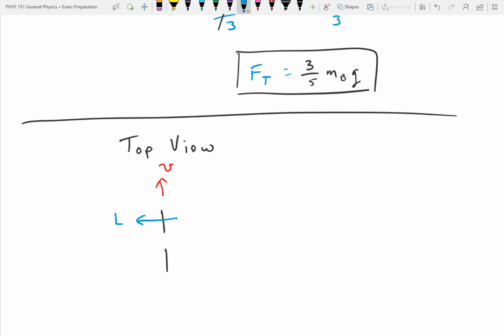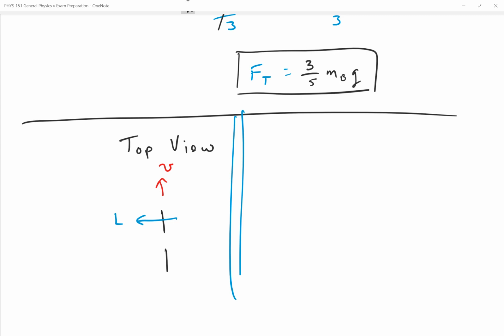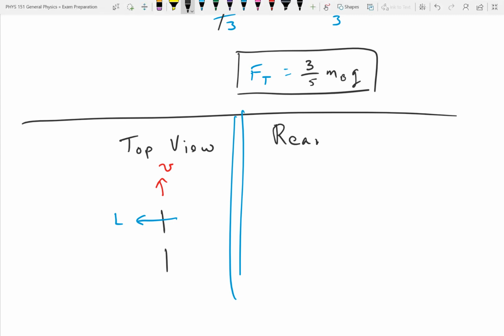So that's what we see from the top. Now, if we look at a side view, or let's say a rear view. So now we see, here's the back tire. The front tire is right in front of it, so we can't tell the difference.